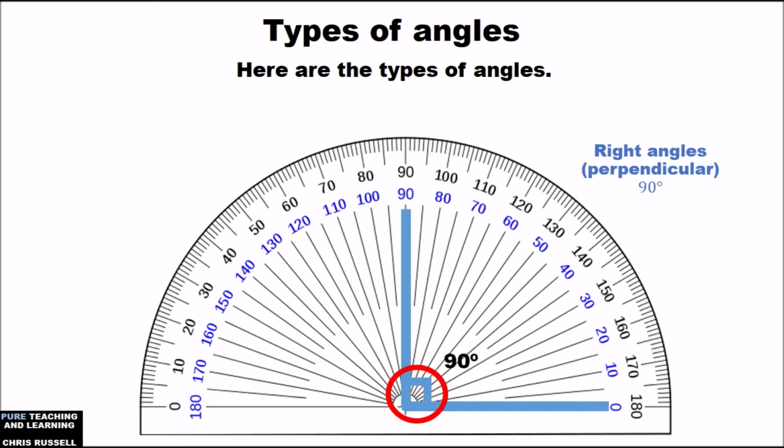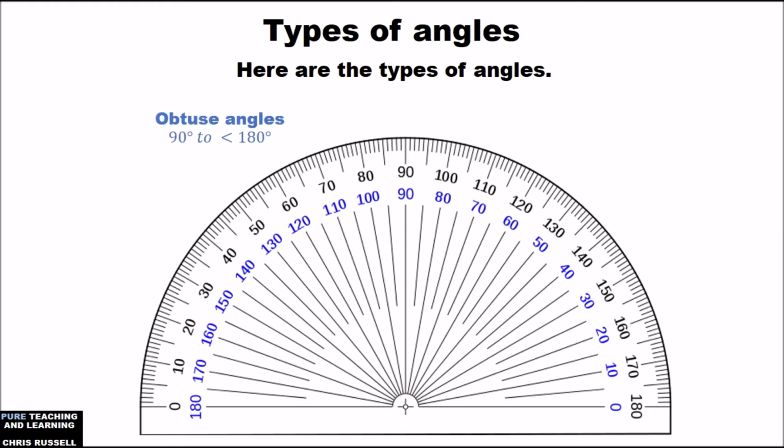These angles are represented by the following symbol. The next one is obtuse angles, from 90 degrees to less than 180 degrees.